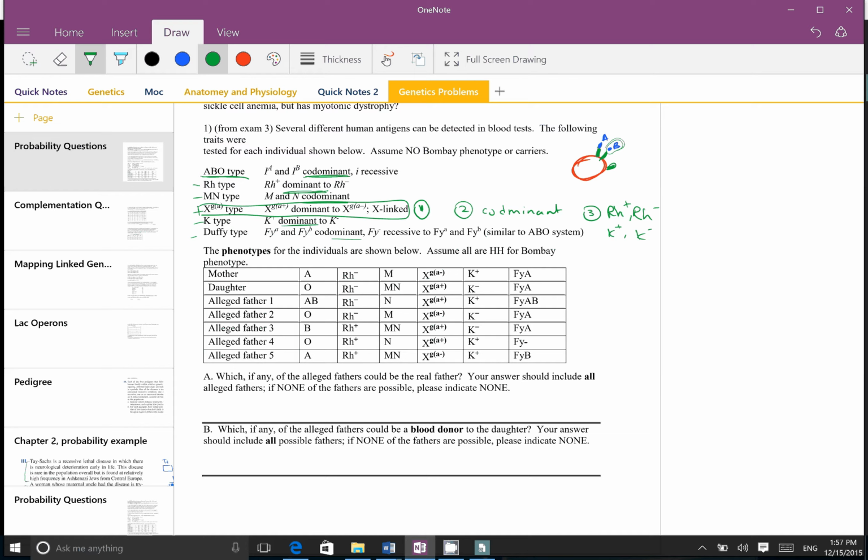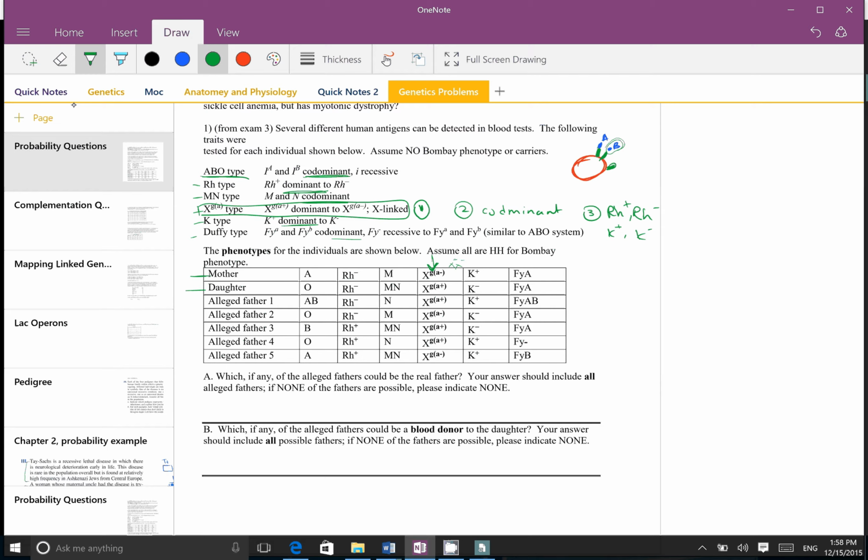So if I were to solve this one, here they're asking which of the alleged fathers could be the actual father of the daughter in this case. We have the mother's genes, we have the daughter's genes, and we compare them to the fathers. As I said, I'm going to look first at X-linked genes. The mom is XGA negative, and the daughter is positive, which means the mother has 2 copies, both negative.